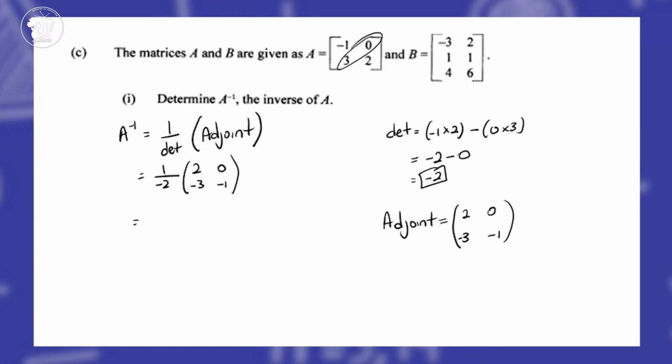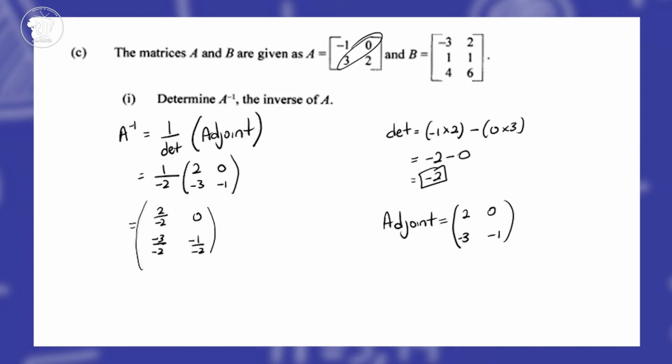So we do some scalar multiplication. It's negative half multiplied by everything in the matrix. Negative half times 2 would become 2 over negative 2. Negative half times 0 would be 0. Negative half times negative 3 would be negative 3 over negative 2. And negative half times negative 1 would be negative 1 over negative 2.